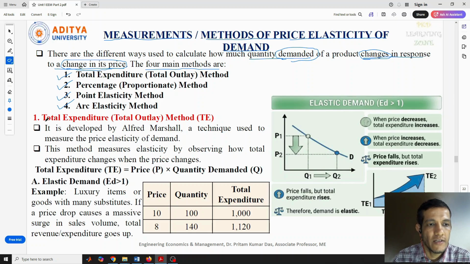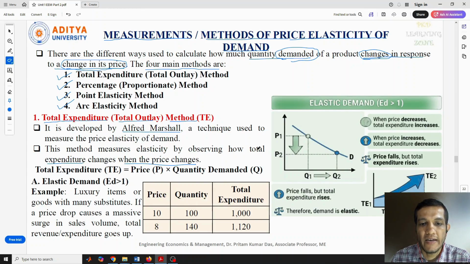The first one is the total expenditure, or total outlay, method. In this method, we find out the price elasticity of demand. This method was developed by Alfred Marshall, and it measures the elasticity by observing how total expenditure changes when the price changes.